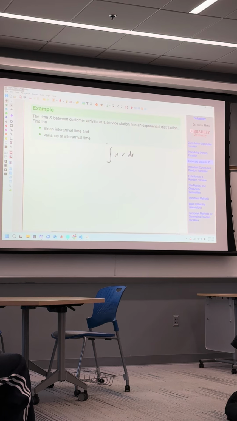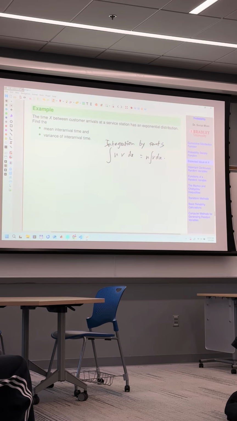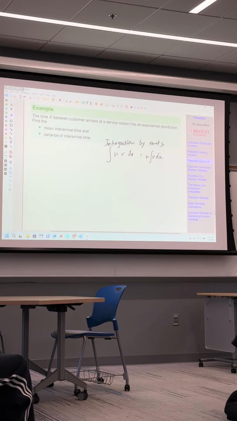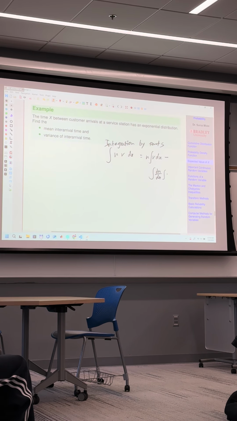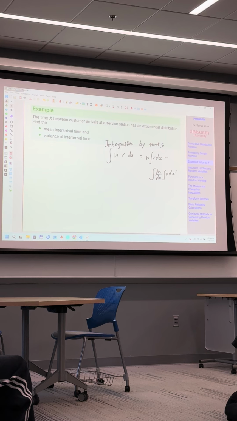So integration by parts. I'm just going to write down the formula. We'll be using that. It is basically u integration v dx, assuming that u and v are functions of x, minus integration du over dx, integration v dx, and then the entire thing.